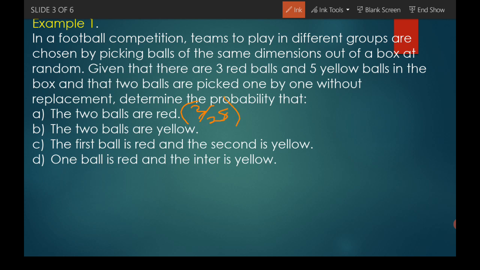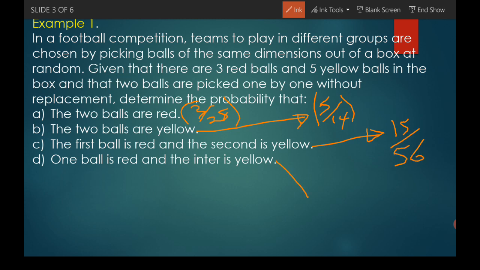For part B, the answer was 5 out of 14. For part C, we got 15 out of 56. And then lastly, for part D, we got the answer as 15 out of 28.